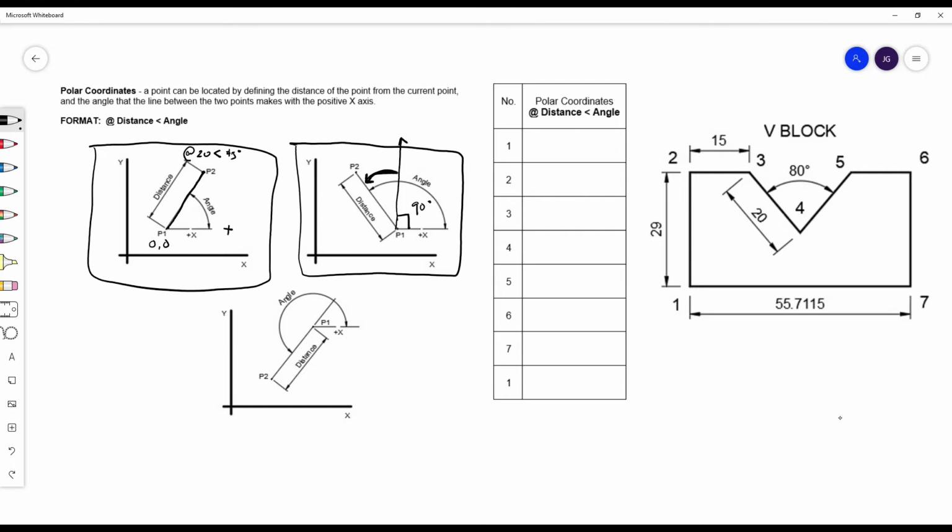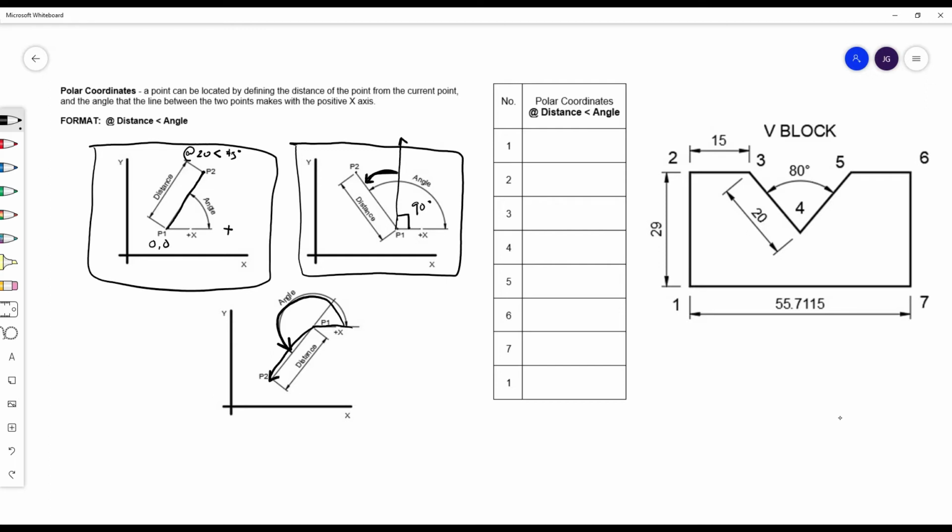I will explain later with our example on the right side. Also, from our point 1 towards its point 2, the angle is from the positive side, which is 0 degrees.